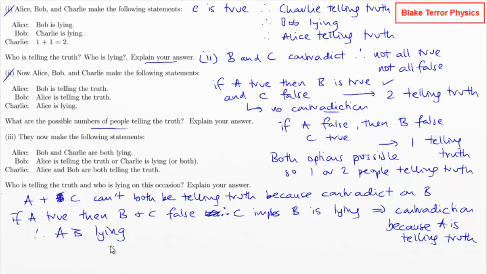And if A is lying, then C must also be lying as well, because C is saying that both A and B are telling the truth. So C is lying. Then what have we got for B? B is saying that Alice is telling the truth, which is not true, or Charlie is lying, which is true, or both. Therefore, B is telling the truth.